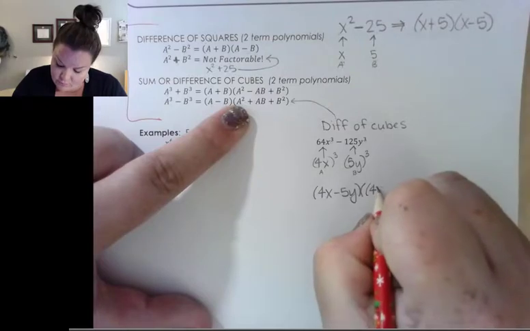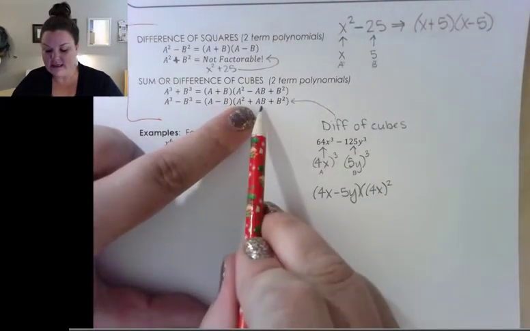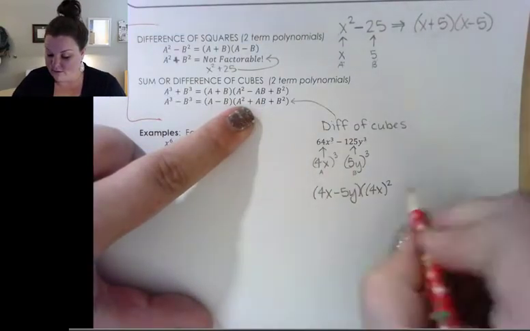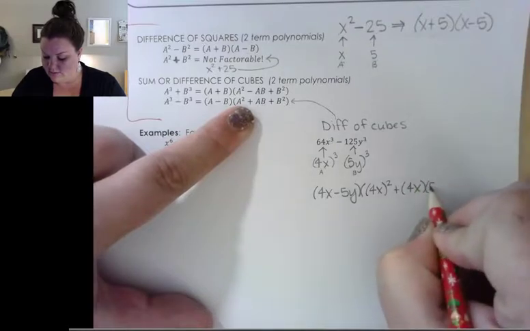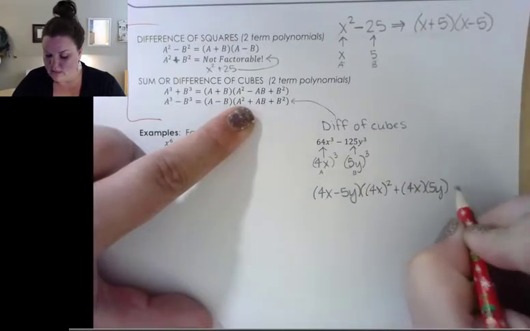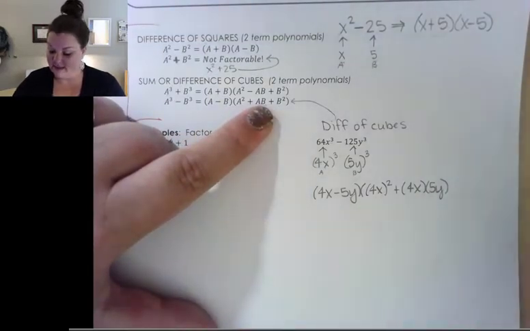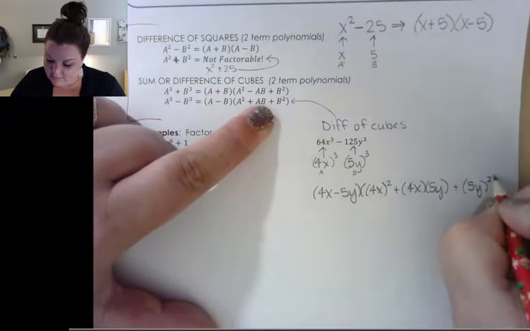So I'm going to take 4x and square it. Then it says to take my two bases and multiply them together. So I'm going to do 4x times 5y. And then my last term here says to square my second base. So I'm going to square 5y.